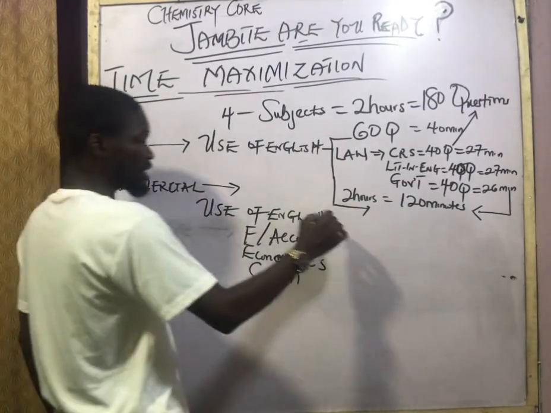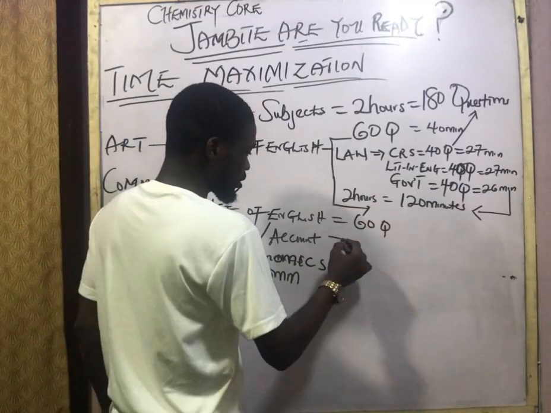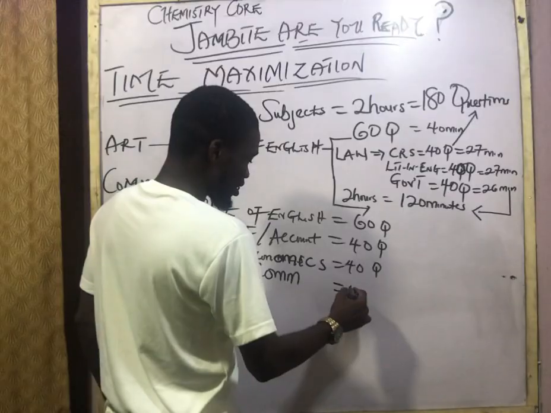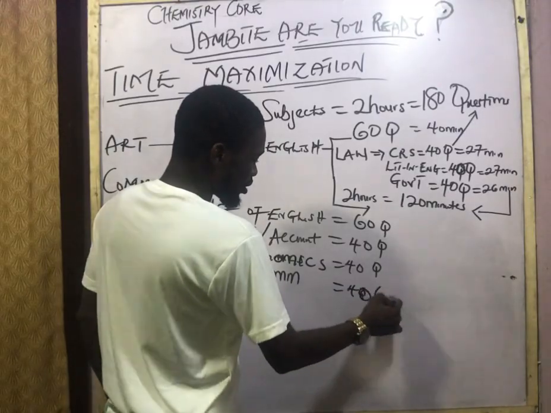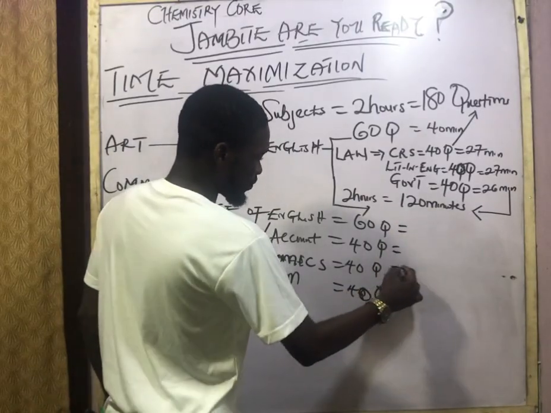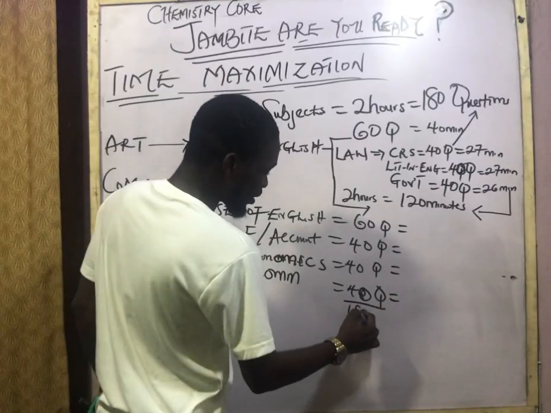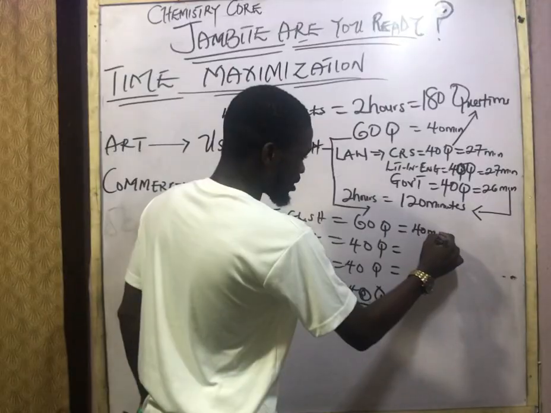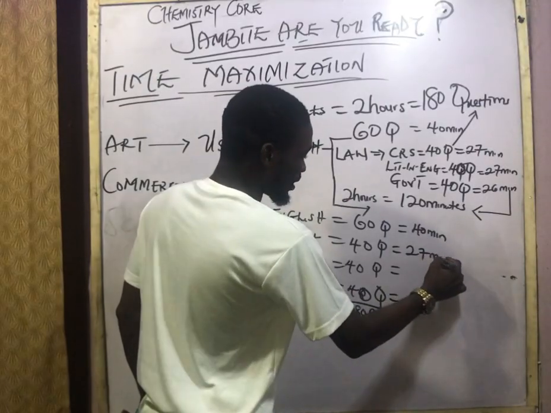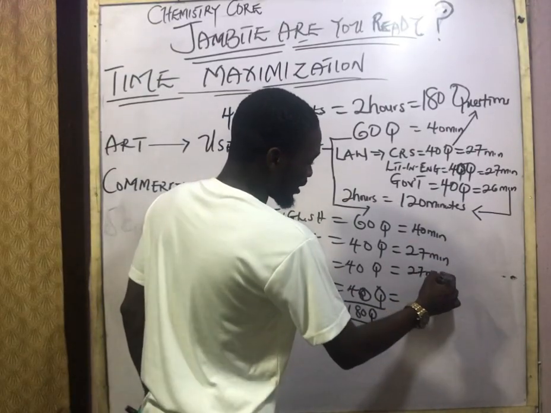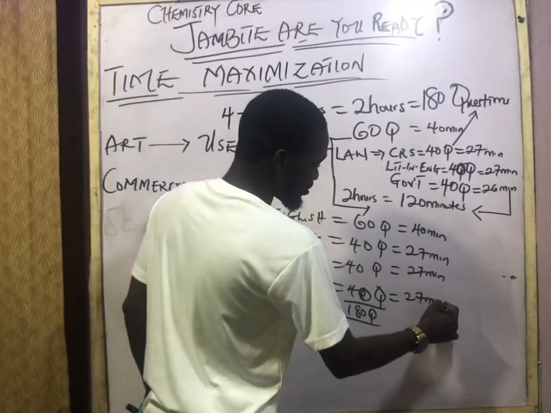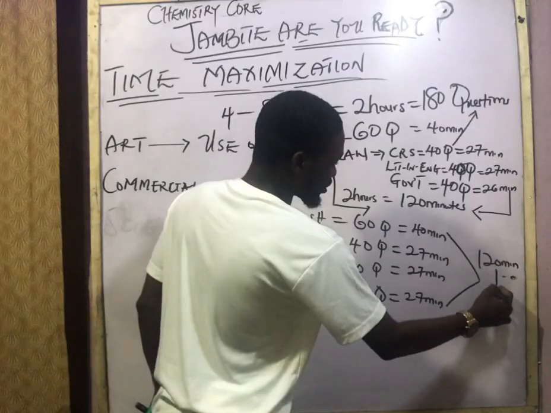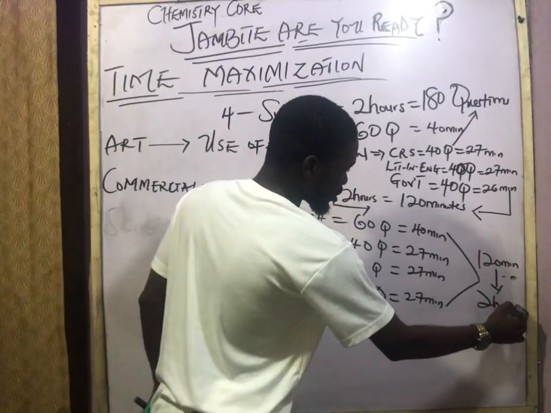Now, the same thing: 60 questions, 40 questions, 40 questions, 40 questions. You see, over 180 questions. 40 minutes, 27 minutes, 27 minutes, 27 minutes. This is equivalent to what? 120 minutes, which will give us 2 hours.